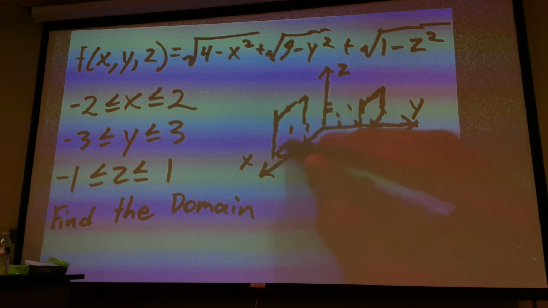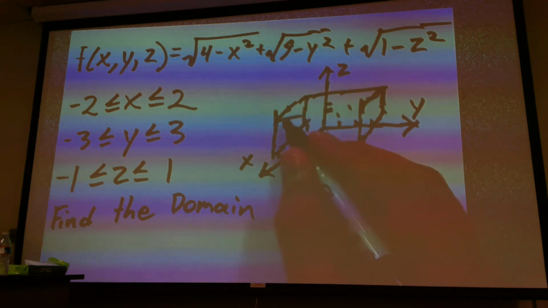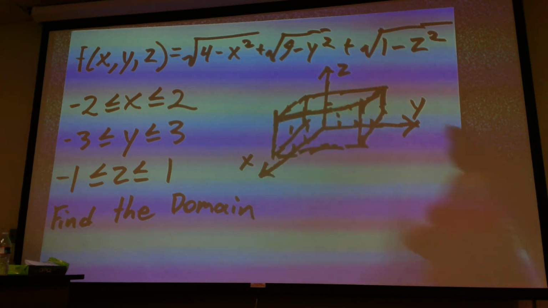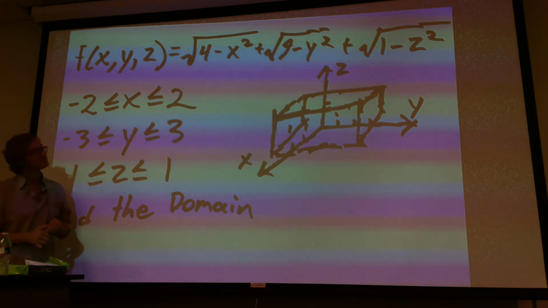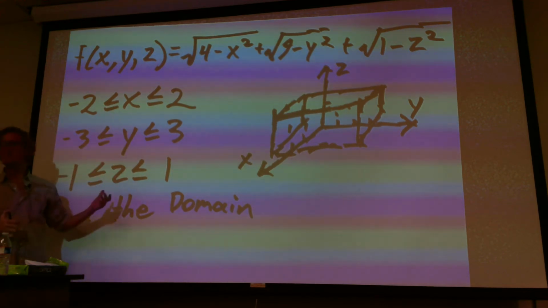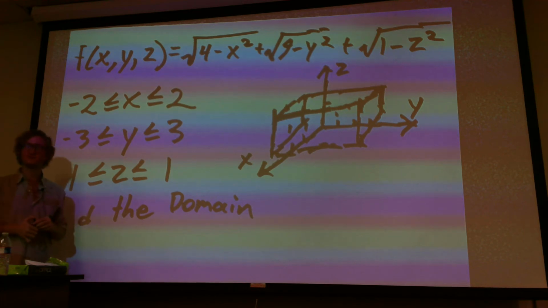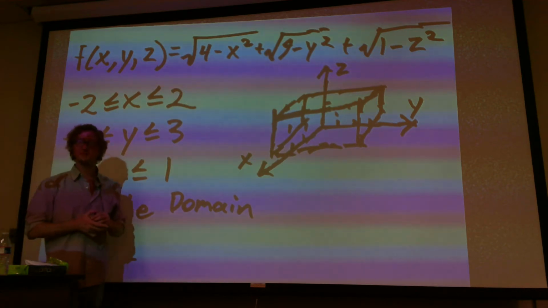Excuse my not so great artistic skills. Okay. So that's going to be a rectangular prism that just has these boundaries in terms of x, y, and z. Okay. So we can talk about domains within 2 dimensions and within 3 dimensions.